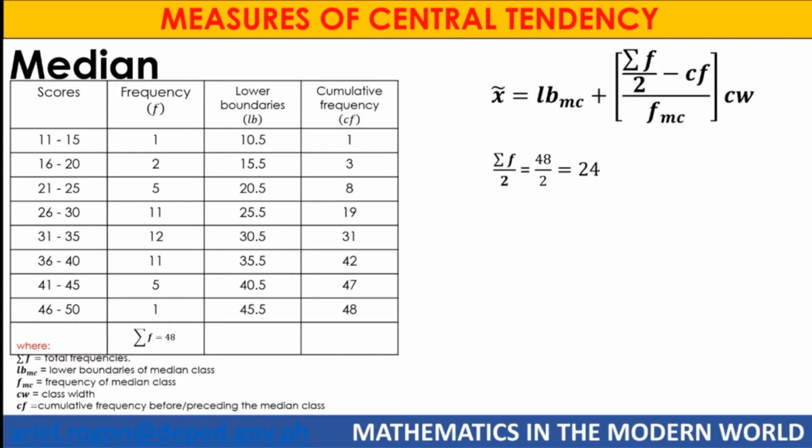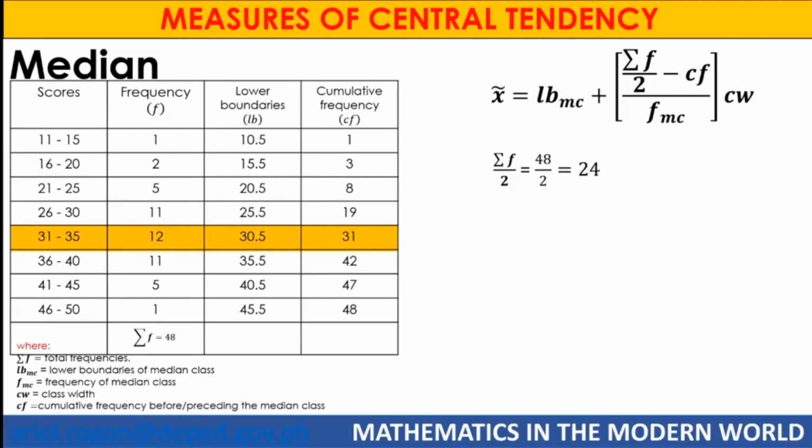In 8, still we cannot find that 24, because 8 means the frequency is from 4 to 8. So next, 19. 19 means it is from 9 to 19. So we cannot also find 24. So in 31, we can find there the 24. That means the frequency from 20 to 31.